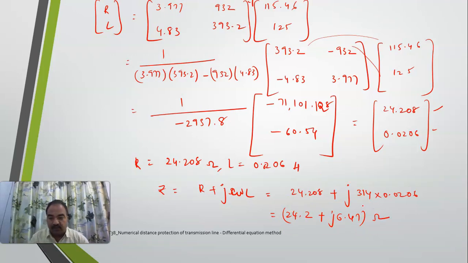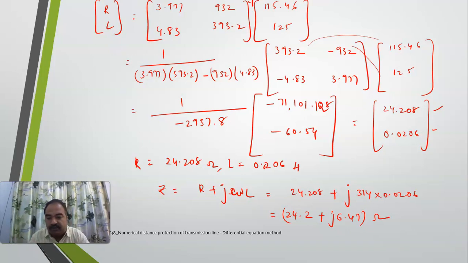Now you can convert it into a complex component in polar format, in order to obtain the magnitude and also the phase angle. Once you get the value of Z, you should compare it with your preset value. If it is less than your preset value, then automatically you can issue a signal.